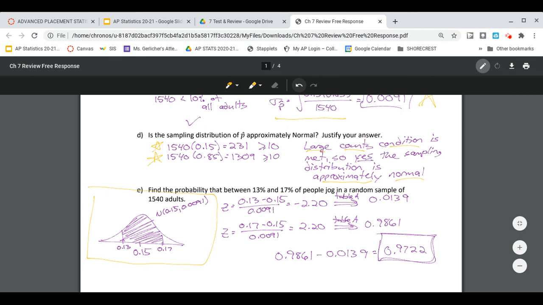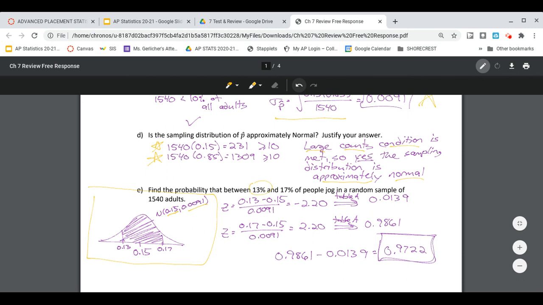So now we take all that information and put it into a nice, pretty picture. We know it's a normal distribution. We know the center of it, so make sure to label the center and the variability, the mean and the standard deviation. And we're interested in between 13% and 17% of people, like how many of the samples in our sampling distribution ended up between 13 and 17%. So go to your z-score formula.